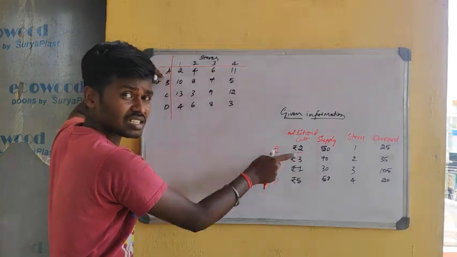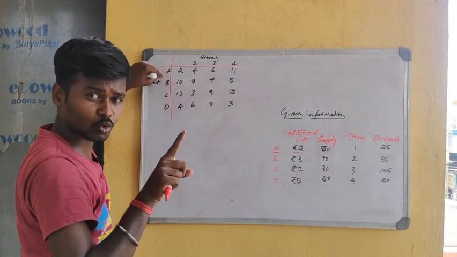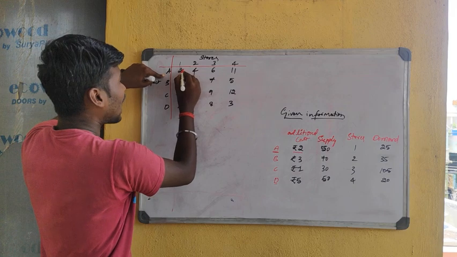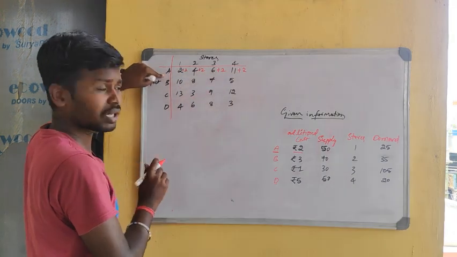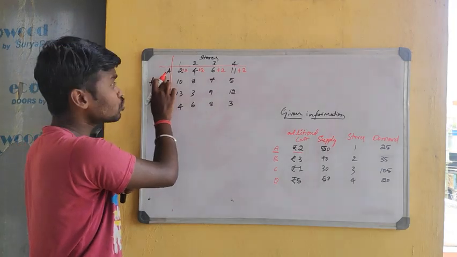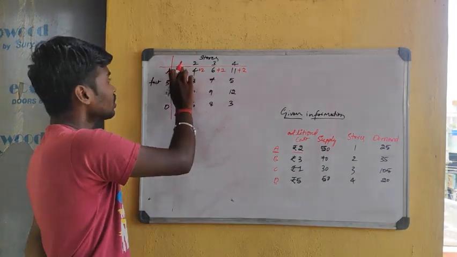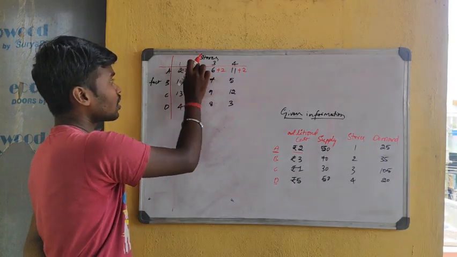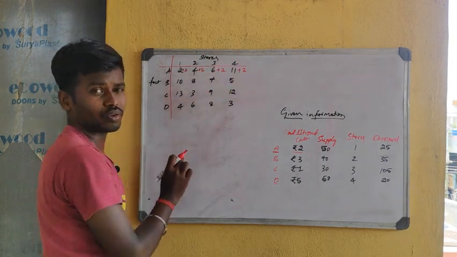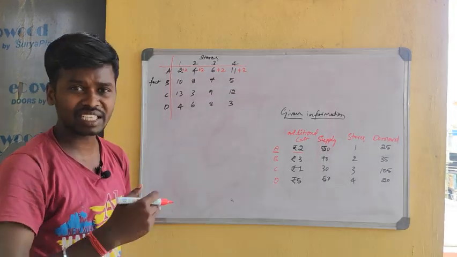What is the additional cost incurred for a single unit? Rupees 2. Then we have to add rupees 2 for all units, because factory A will supply the total demand to store 1, store 2, store 3 and store 4, which we know after calculating the demand and supply.